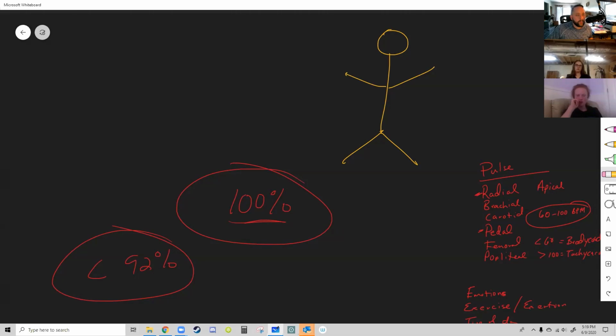We did have a radial, carotid. This is your carotid artery up in here. Usually this is only used for emergencies because if you take a pulse too long here, you can cut somebody's blood flow up to their brain.